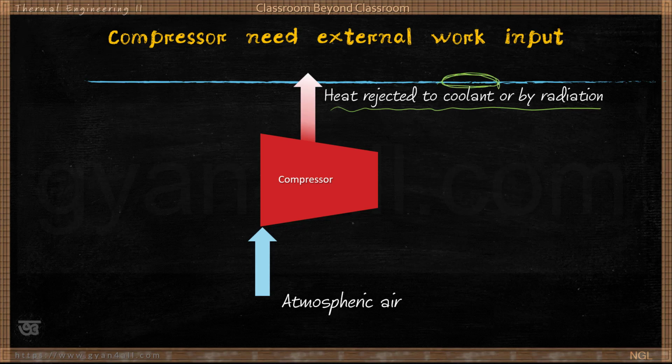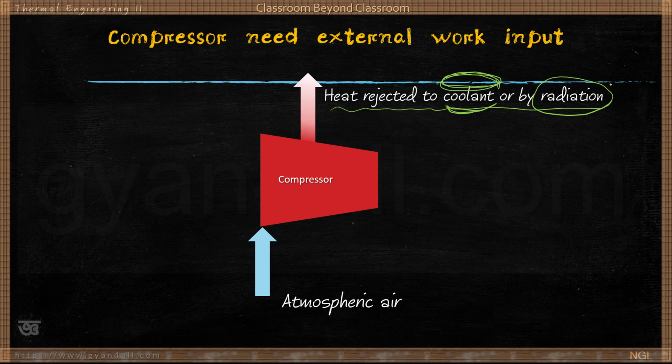For efficient working of the compressor, we may have to cool the compressor, then the efficiency increases. And if we do not have any cooling arrangement, then also the heat will be lost by radiation from the compressor chamber itself.